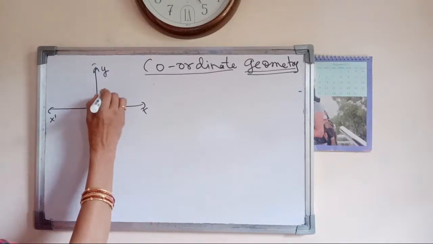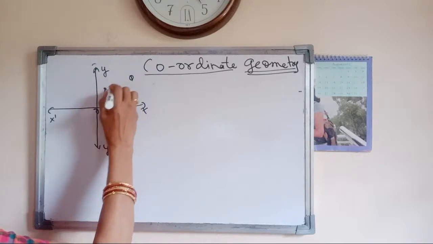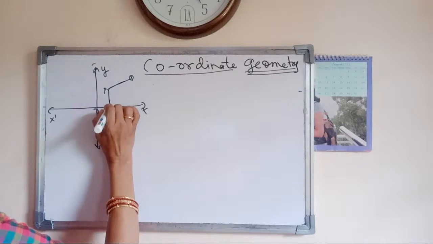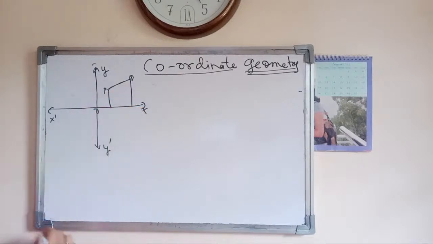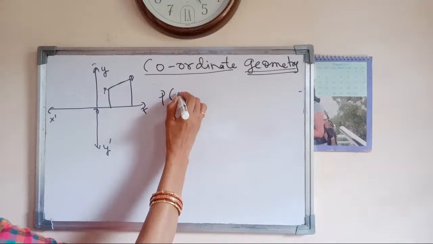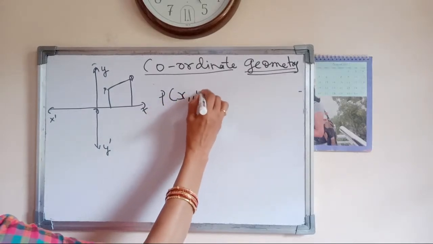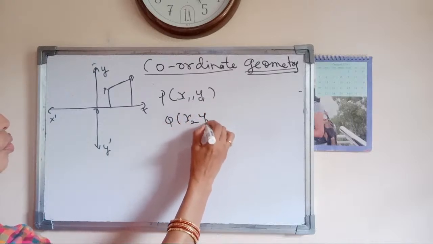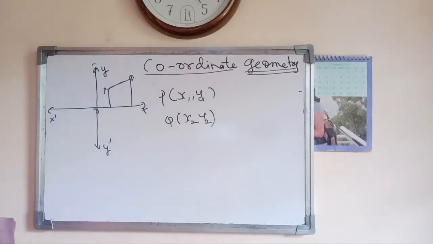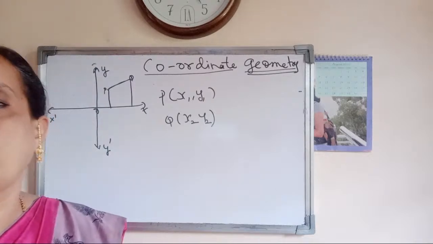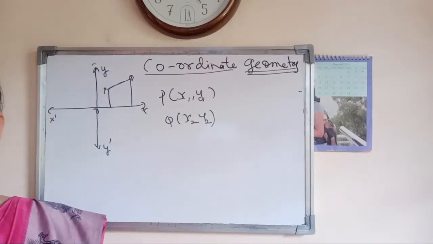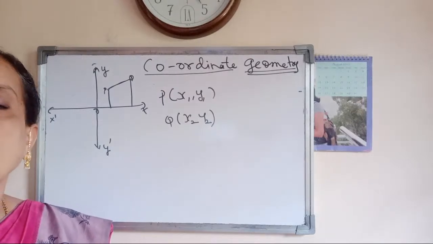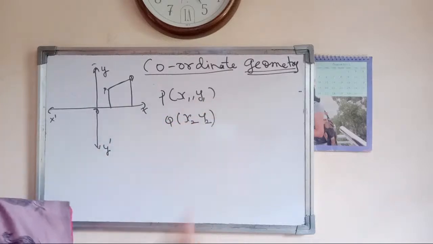Suppose you have 2 points P and Q, we have to find where exactly they lie and what is the distance between the 2 points having the ordered pairs x1, y1 and x2, y2. So we name this the distance formula. Distance formula is the formula used to calculate the distance between 2 points on a Cartesian plane.